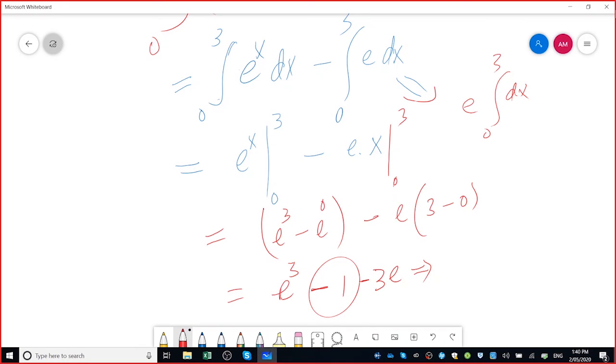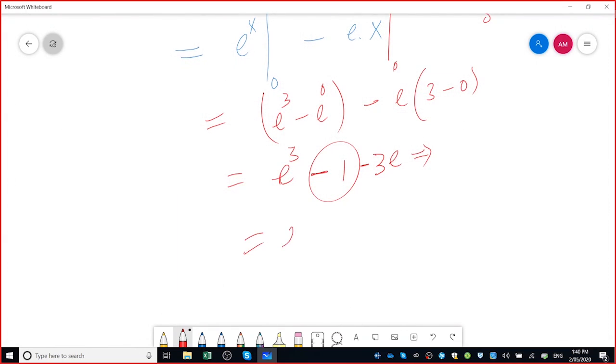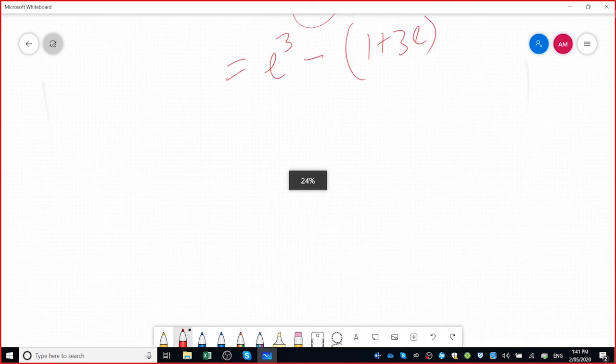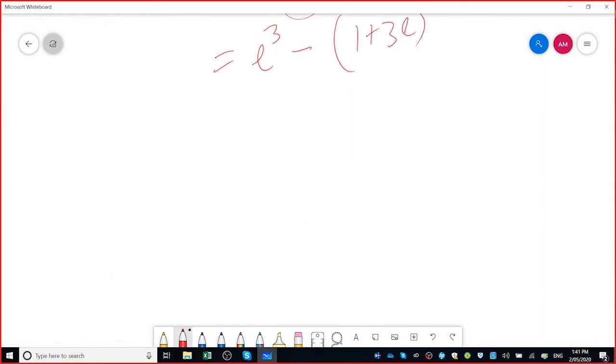So I think either they wanted to write it like this, e cube minus 1 plus 3e, but not minus 1. Okay, let's do one or two other questions.